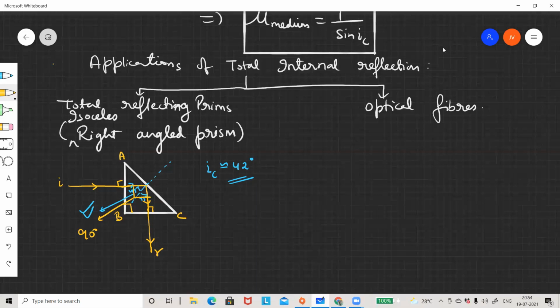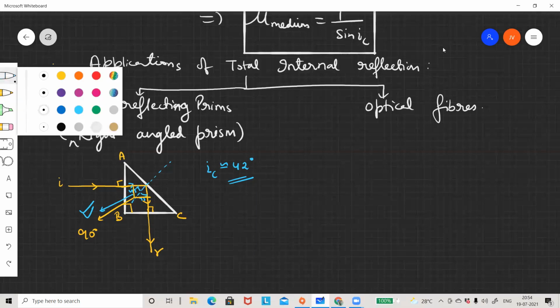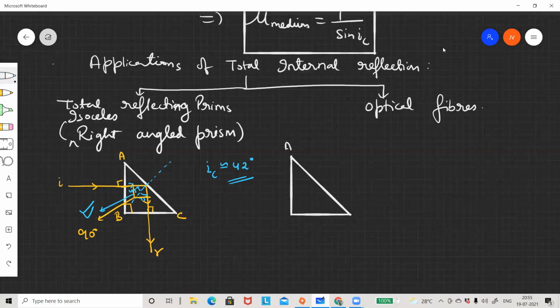Similarly, it depends on which surface we make the ray of light incident. Total internal reflecting prisms are isosceles right-angled prisms. If the ray of light is incident normal to AC, then it hits the surface AB at a certain angle.